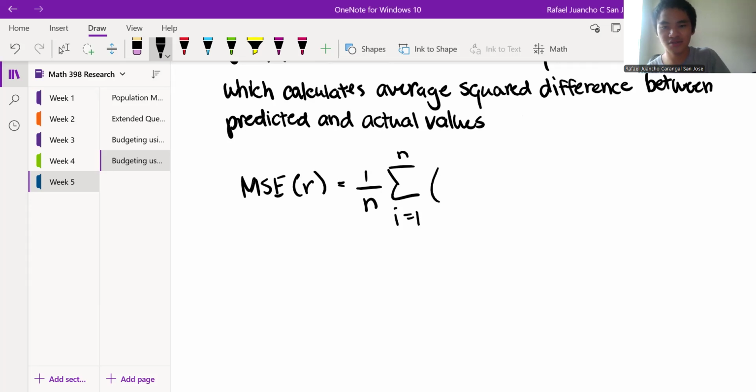Then here's where the thing comes in. This is my model balance, B sub model.